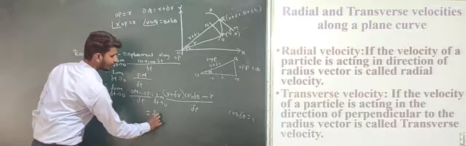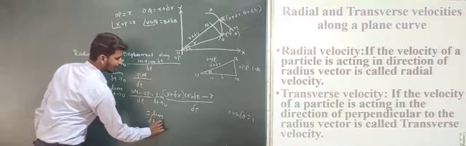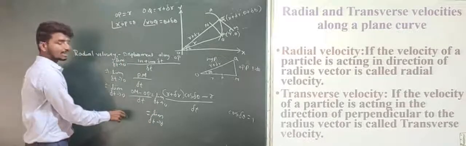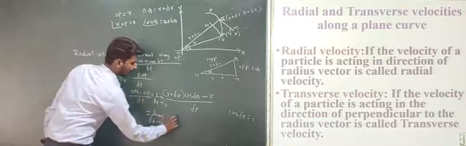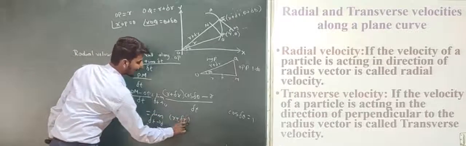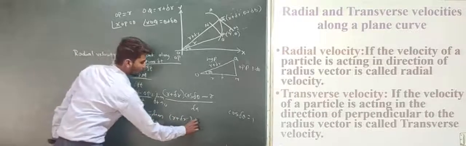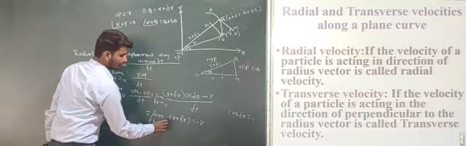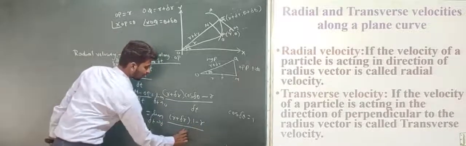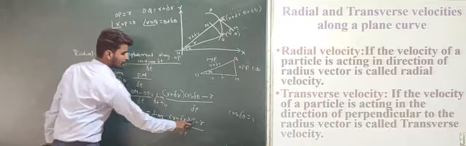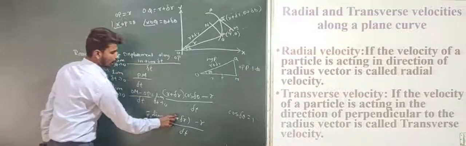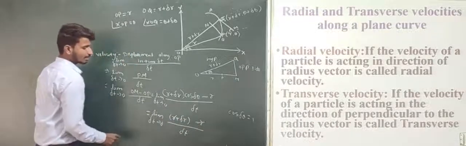So limit delta t tends to 0, R plus del R into 1 minus R, divided by delta t. Here plus R and minus R get cancelled.